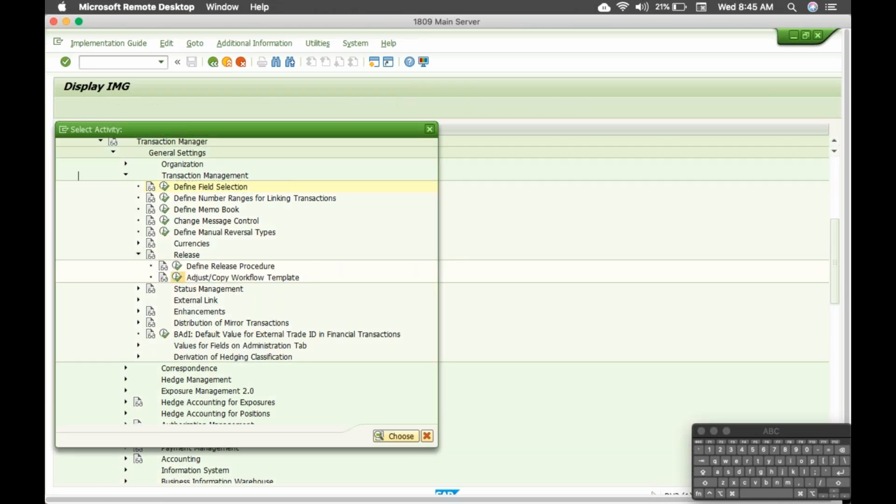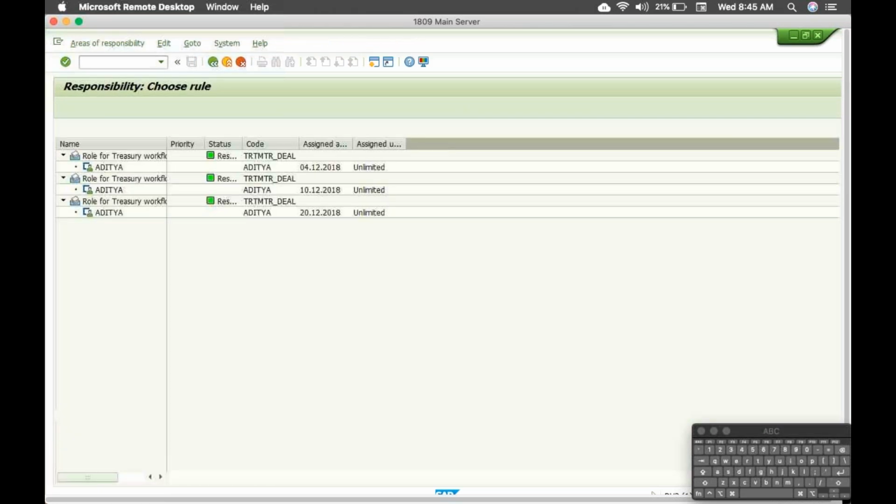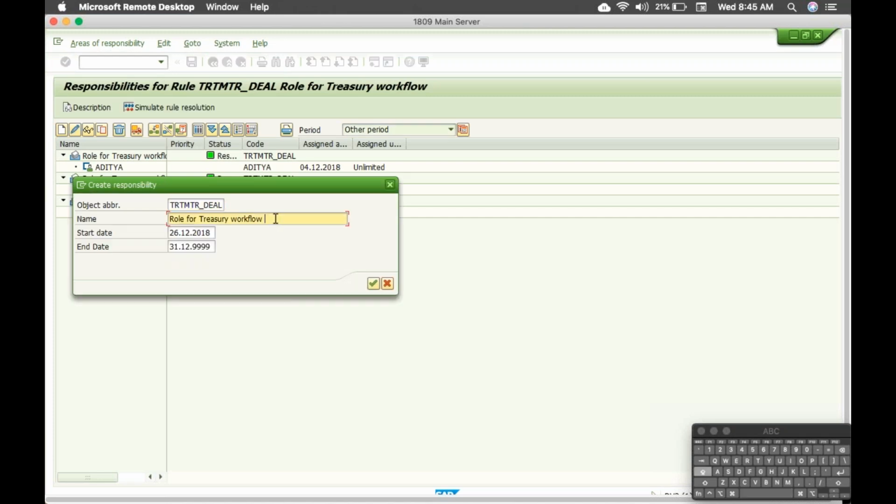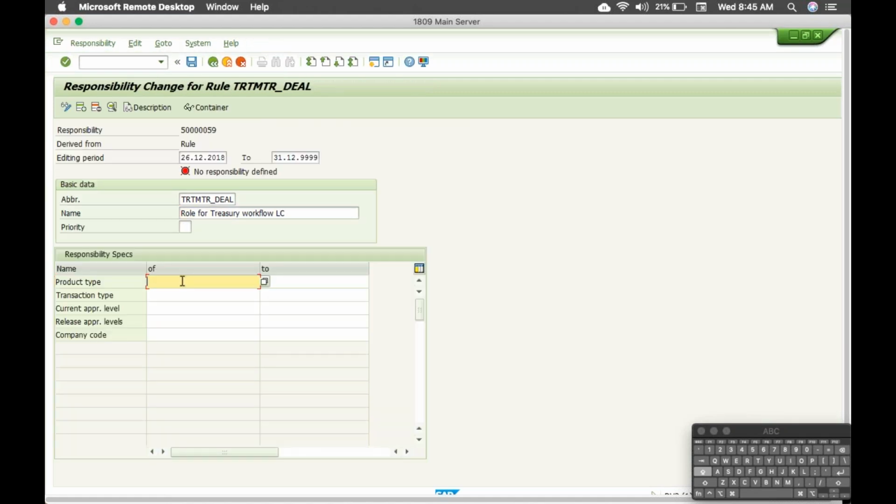Release, adjust, copy workflow template, don't change the role, create. Create individually. LC, product type, HLC, transaction type, current approval level, release approval level, company code.